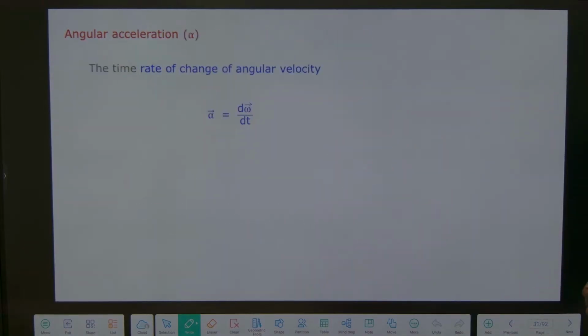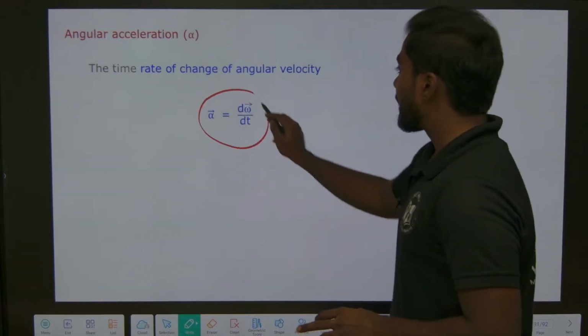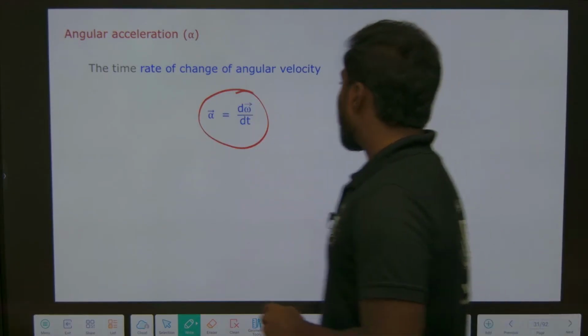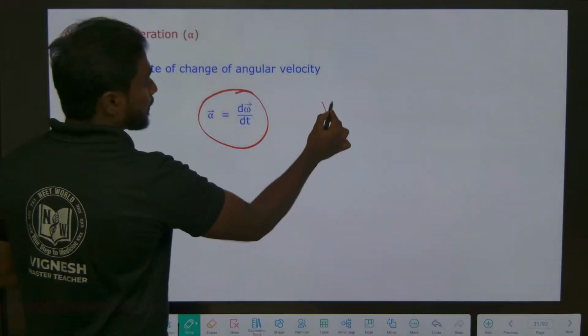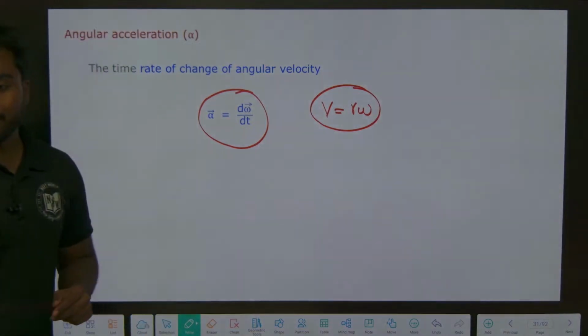Angular acceleration alpha is equal to d omega by dt. We have a relation v is equal to r omega for linear velocity and angular velocity.